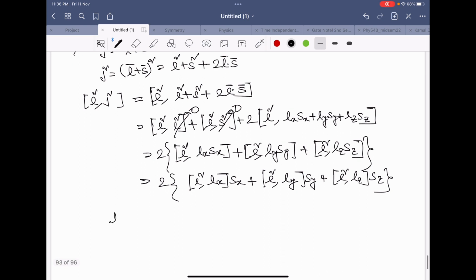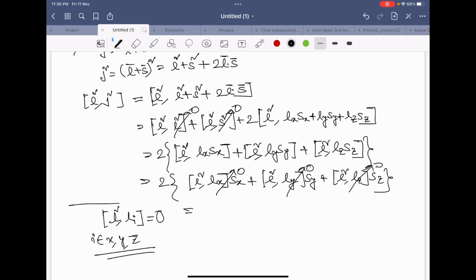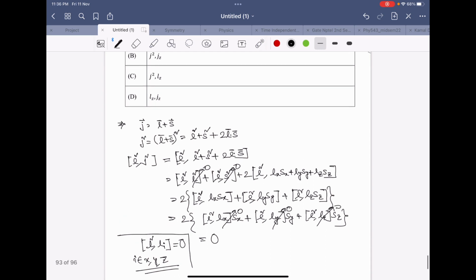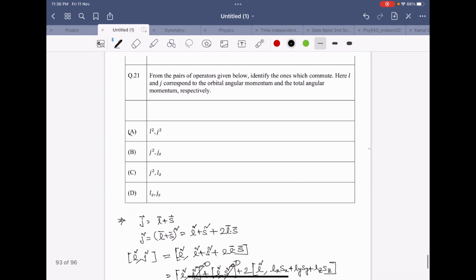We also know this property: L square with any component Li is 0, where i belongs to x, y and z. Using this we can definitely say that all of these commutators are 0. So finally this is equal to 0, and option A is correct because L square and J square commute with each other.